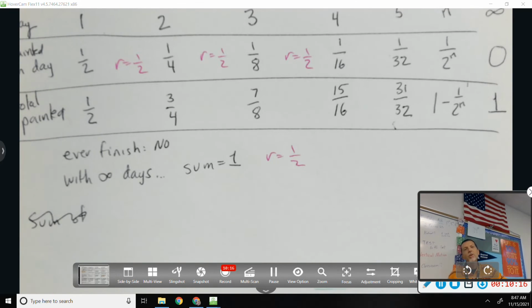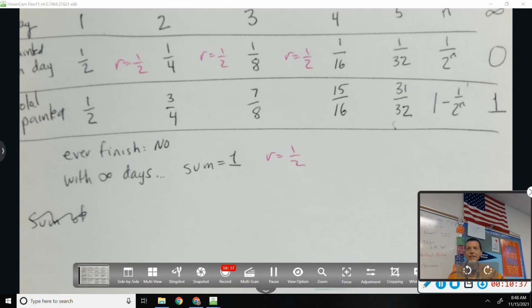What if you walked a mile today, and then 2 miles tomorrow, and then 4 miles the next day, and 8 miles the next day? What would the total sum be at the end of a week? Infinite days? Not a week, infinite days.